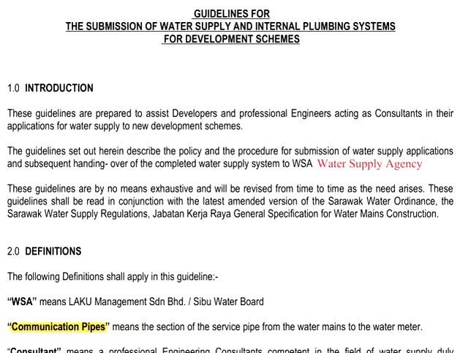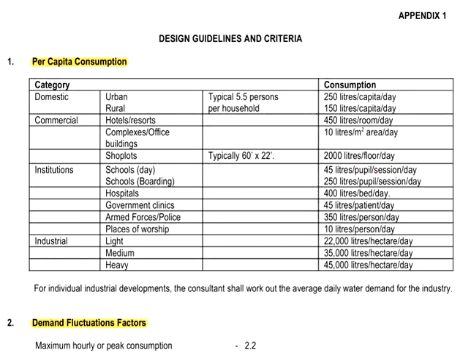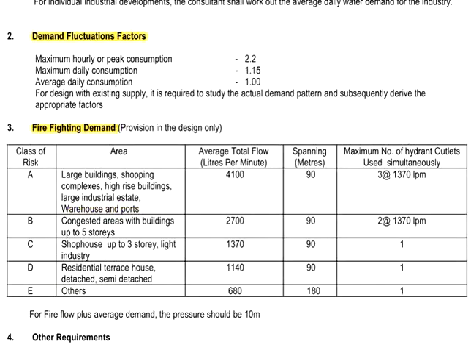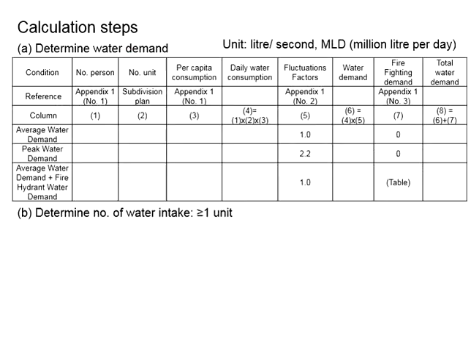If you are dealing with other water supply agencies, the estimations of the water demand may vary slightly, and the demand fluctuation factors may also vary slightly, as well as the firefighting demand, which also differs slightly. However, in general, the calculation steps should be similar.